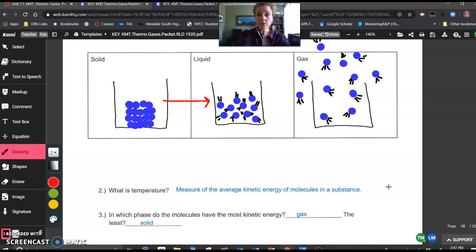My solid molecules have none, while my liquid molecules have 2 on each one. So that means I'm increasing the number of zoomies, so I'm increasing their kinetic energy. And so in order to change from a solid to a liquid, I have to increase the energy, which means that I am increasing molecular motion.